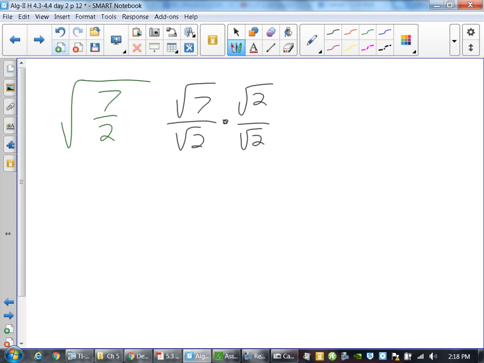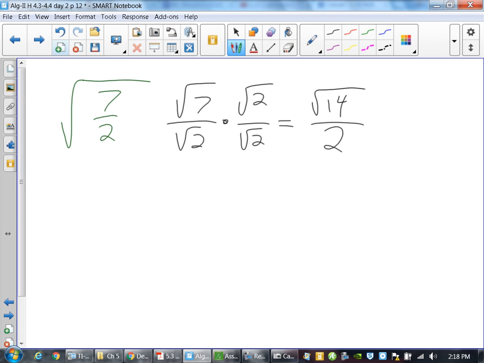Square root of 2 times the square root of 2 is 2. Root 7 times root 2 is root 14. And you're done, because the square root of 14 cannot be simplified. So you always multiply by the denominator?